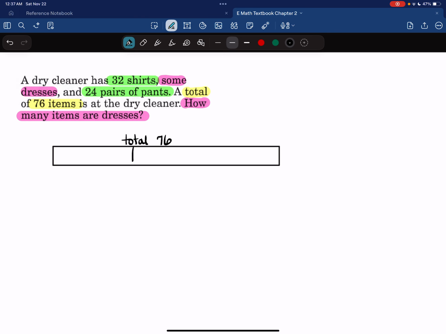So let's divide this into 3 sections for those 3 types of clothing. And we have 32 shirts. We have 24 pairs of pants. And the unknown is the number of dresses.